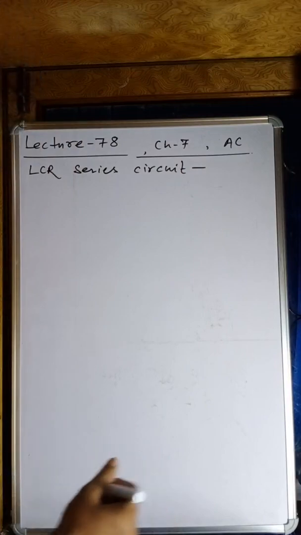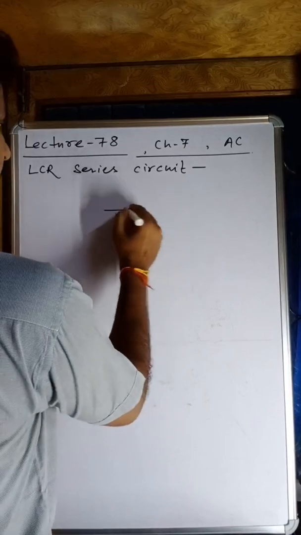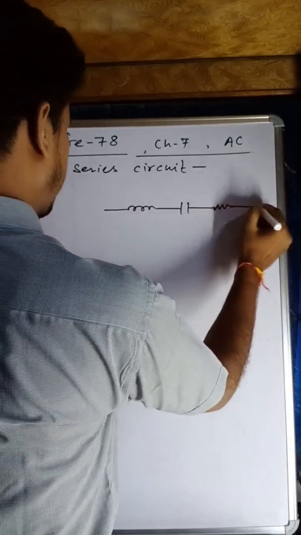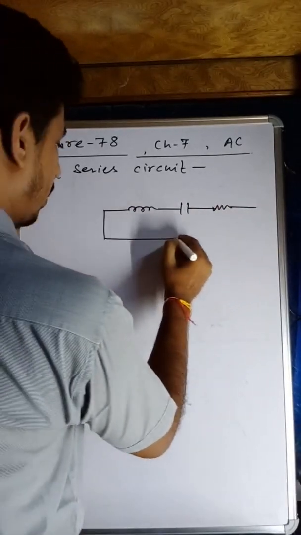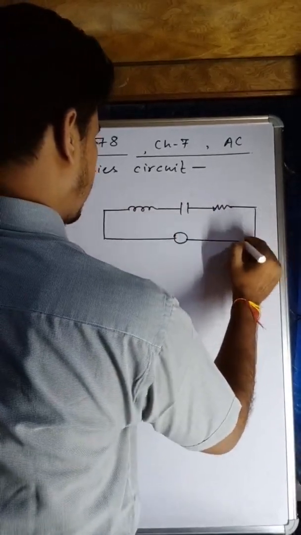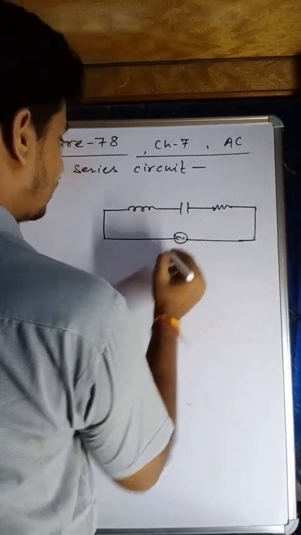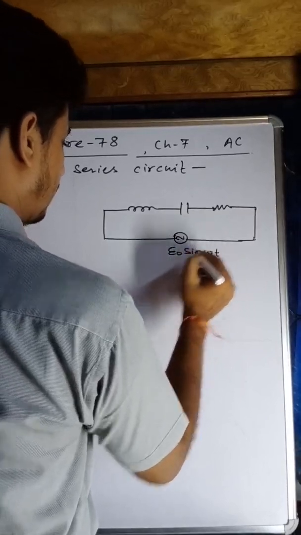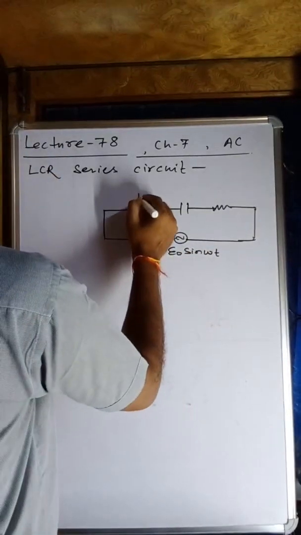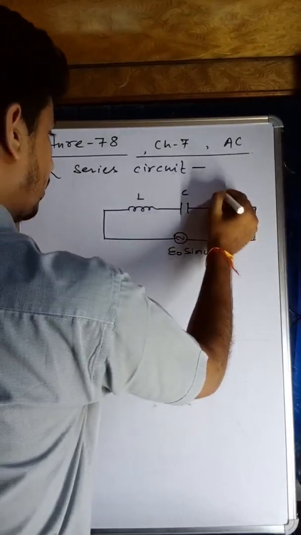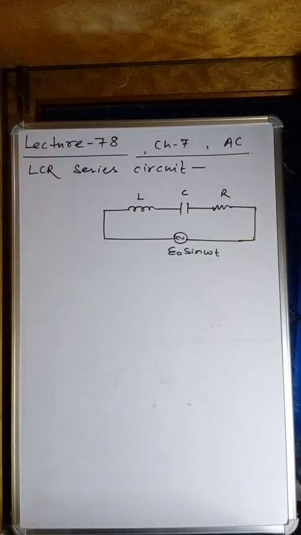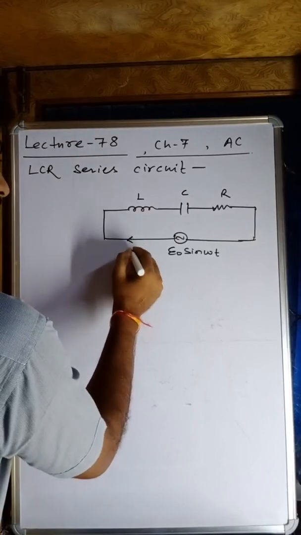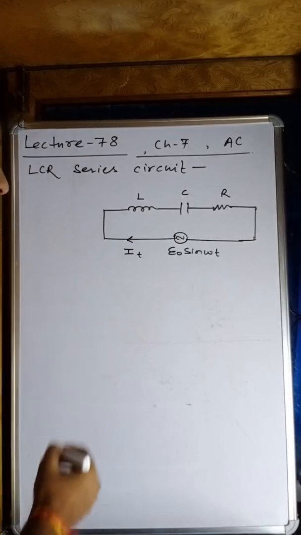Here inductor, capacitor and resistor are connected under a given AC supply. It is E0 sine omega t. The inductance is L, capacitance C and resistance R. At any instant the current flowing, suppose, is I t.